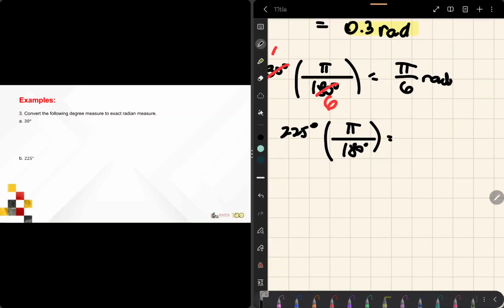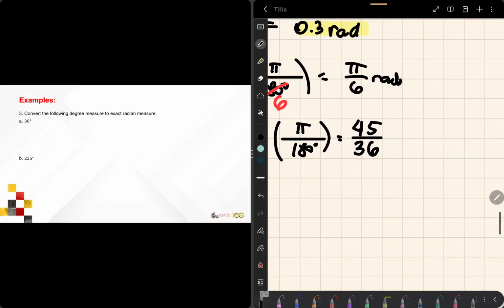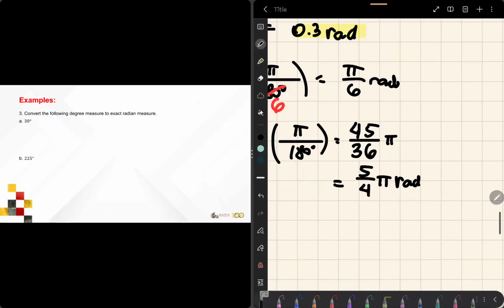Dividing 225 by 5, we get 45, and dividing 180 by 5, we get 36. From this, 45 and 36 are both divisible by 9. We can divide both of them. So 45 divided by 9, we get 5, and 36 divided by 9, we get 4. So this will be our lowest term, which will be 5 over 4 pi radians, or simply 5/4 pi rad.